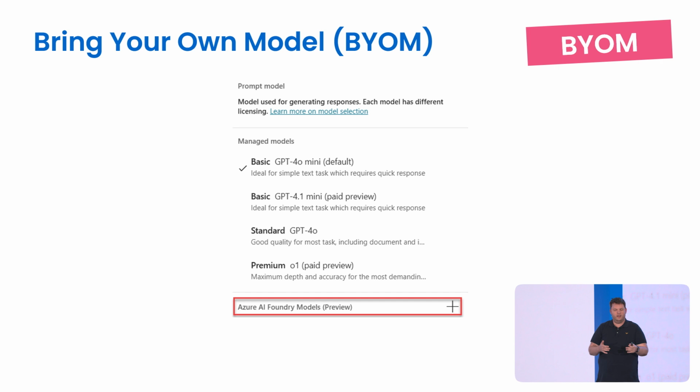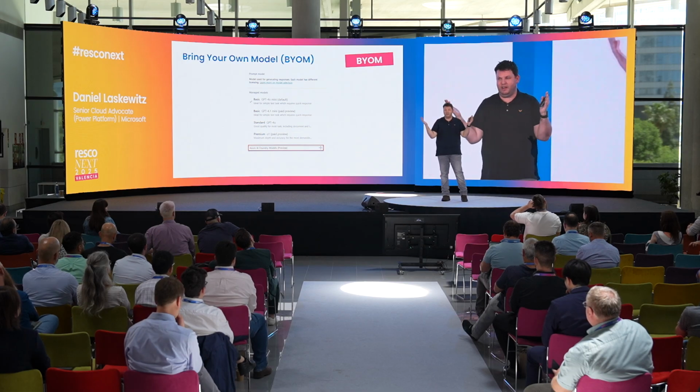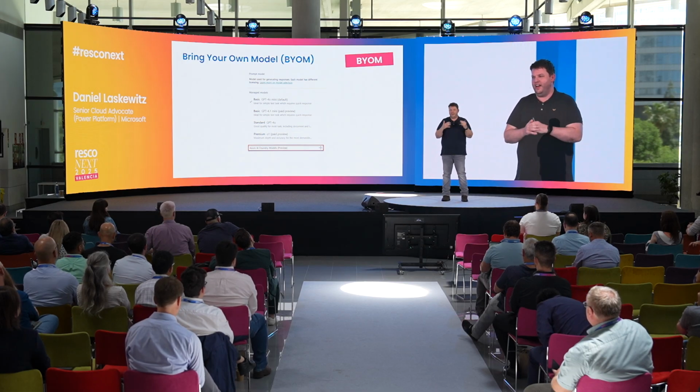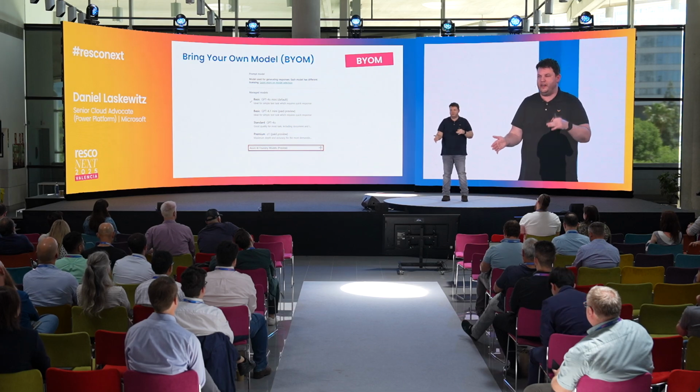So, for instance, when somebody asks a really, really bad question, I'm not going to repeat them, it will respond with, I can't answer that, because I don't want to give an answer to that. And that's all built in with those managed models. But when you use the AI Foundry models, you need to take care of that yourself. So you need to create all those safety guards and make sure that it's there.